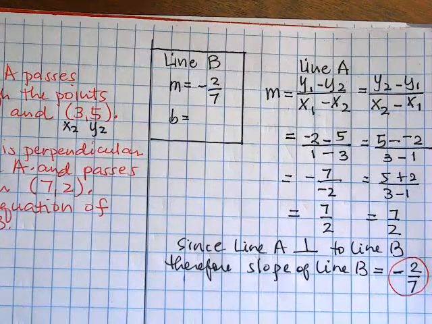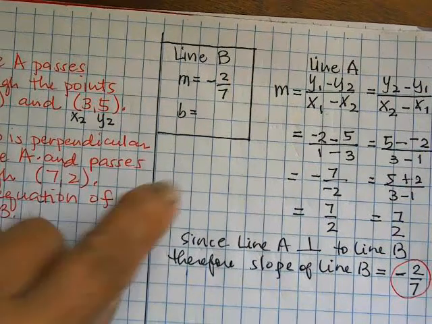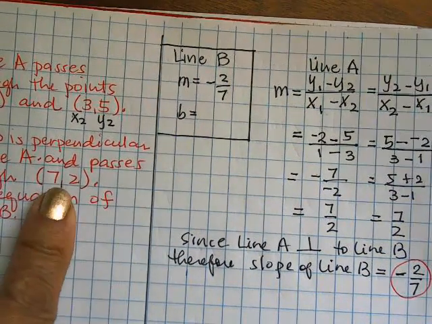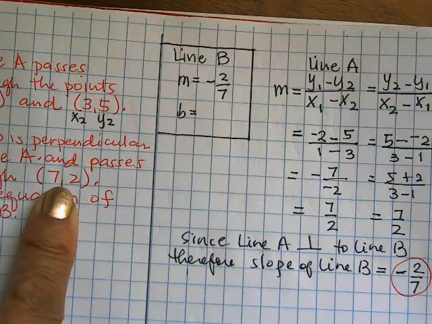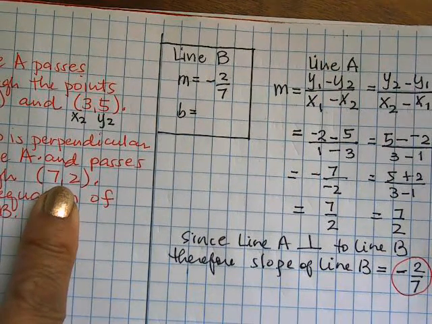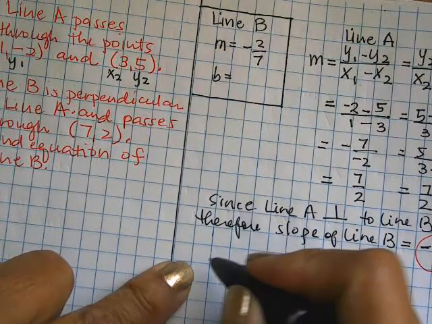Okay, so we're back to the same problem, 2 and 3. You just have to get your b using this point, and then you can now construct your equation. So again, pause the video and try to solve the problem.